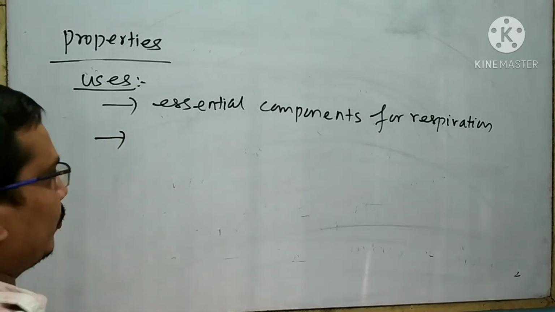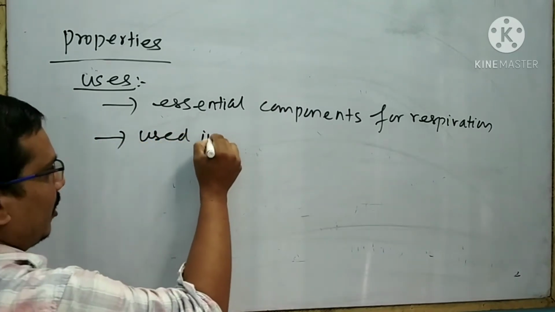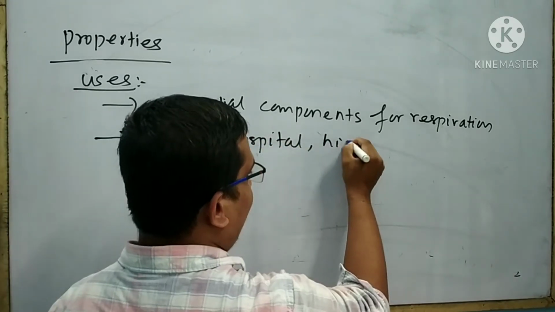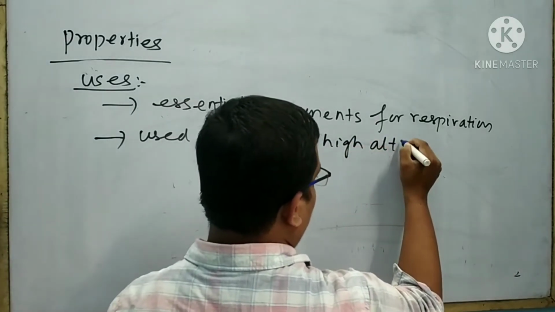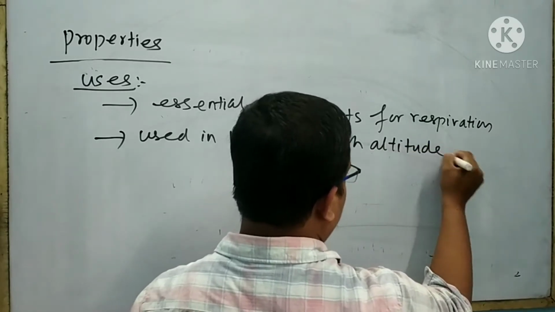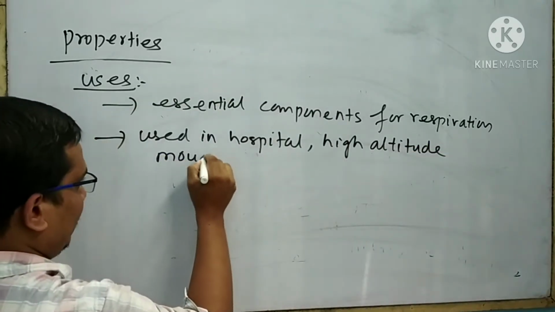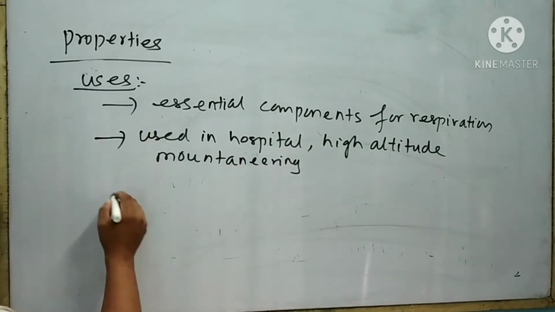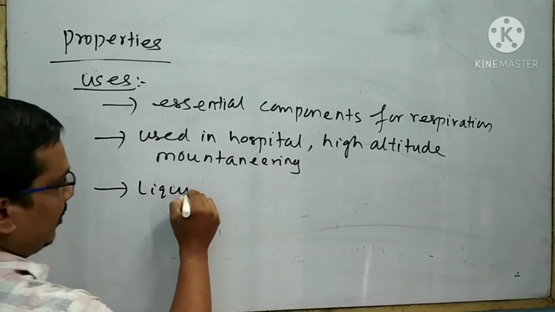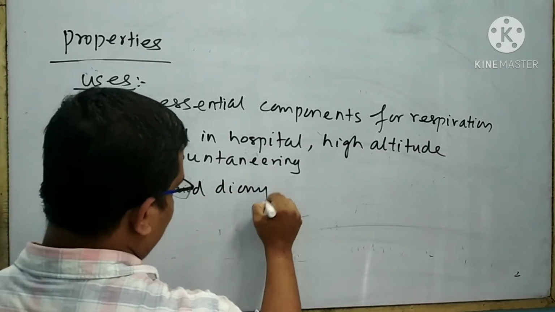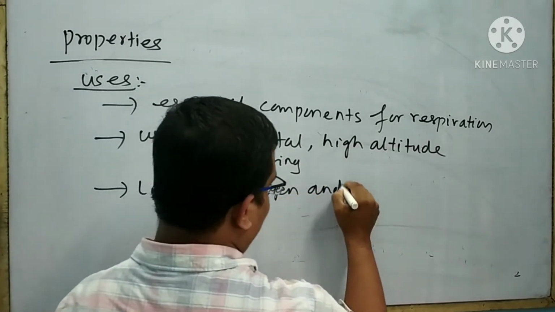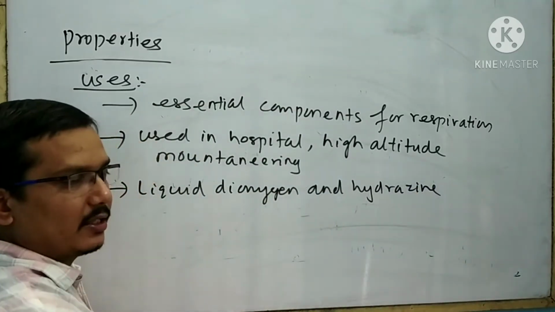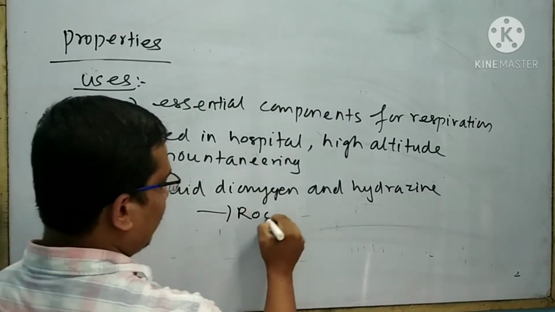Dioxygen is also used in hospitals and high altitude mountaineering. Liquid dioxygen and hydrogen are used as rocket fuel.